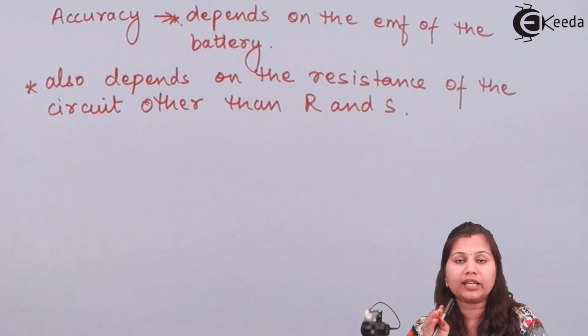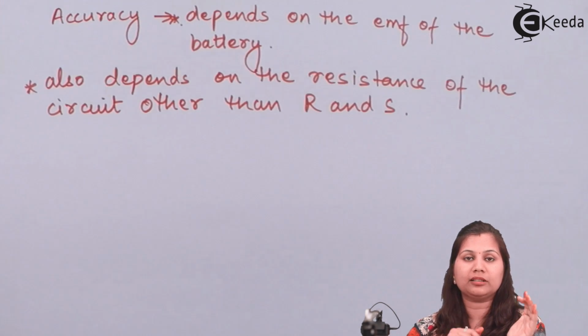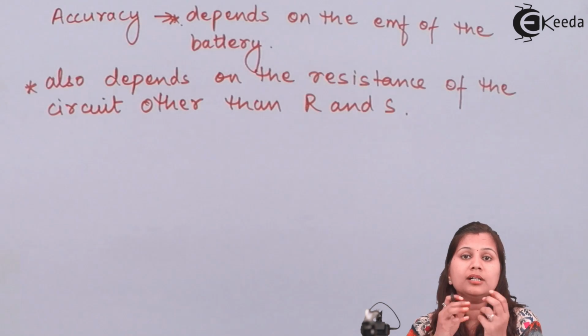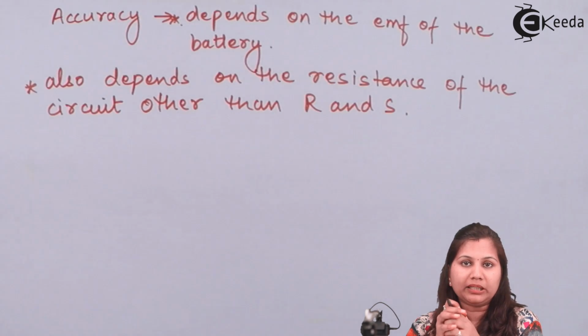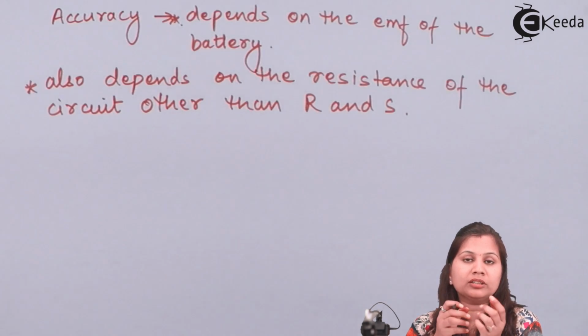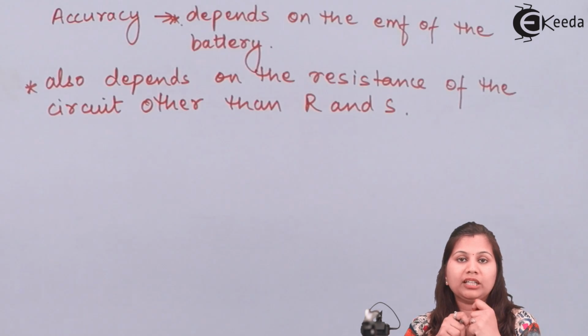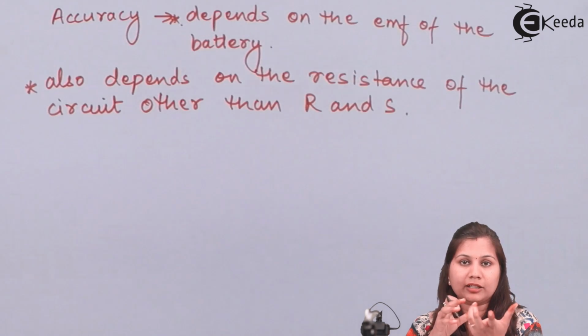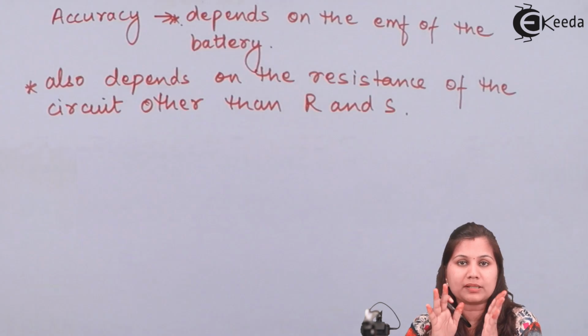Then only the value of the resistance which we are measuring will be equal to the true value of the resistance. So in the case of the ammeter voltmeter method, the accuracy depends upon the accuracy of the ammeter and the voltmeter. Practically, we don't have an ammeter with an internal resistance of 0, and a voltmeter with an internal resistance of infinite. Okay, practically it is impossible.